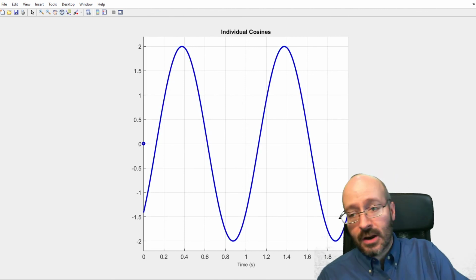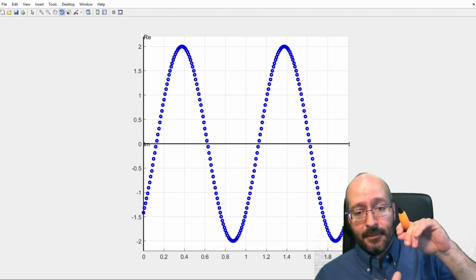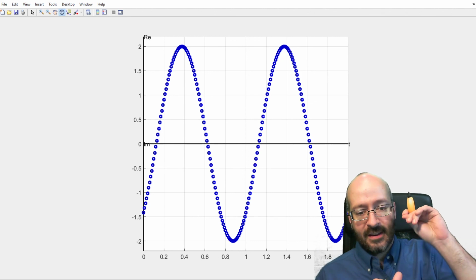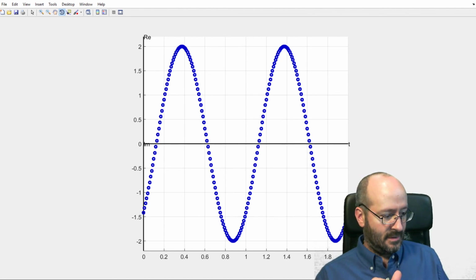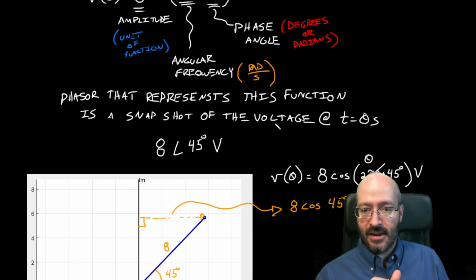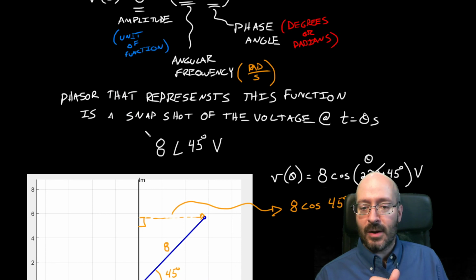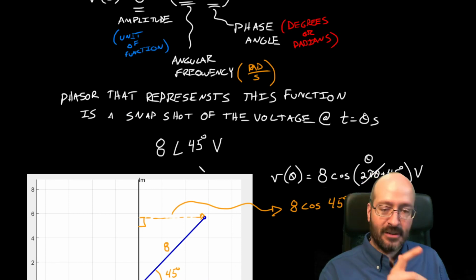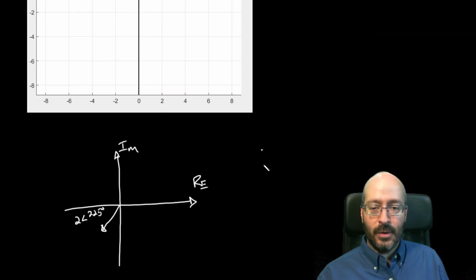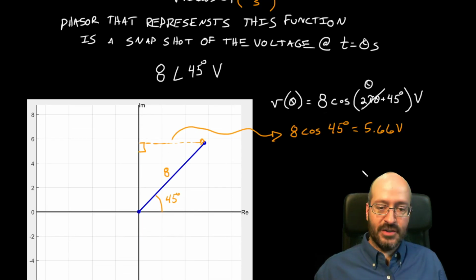Okay, hopefully you're more comfortable with the idea that we can take a time domain cosine and we can represent it with a complex number, and that complex number is really just a vector that spins, and from that we can recover our original function.